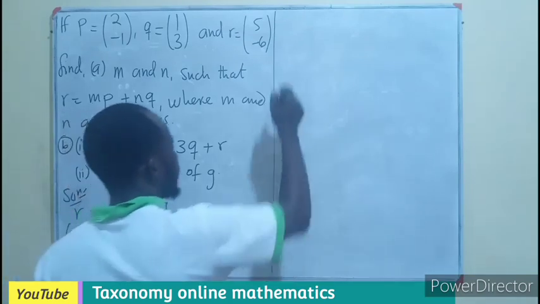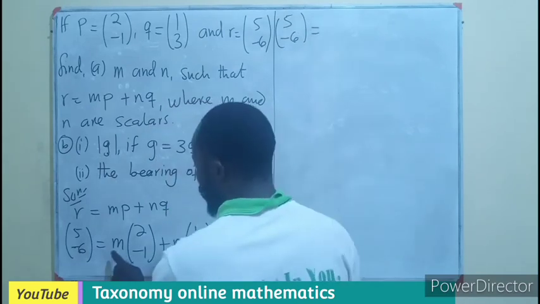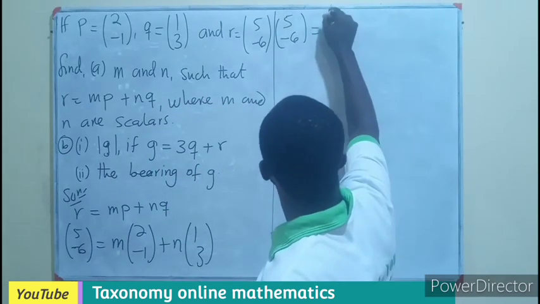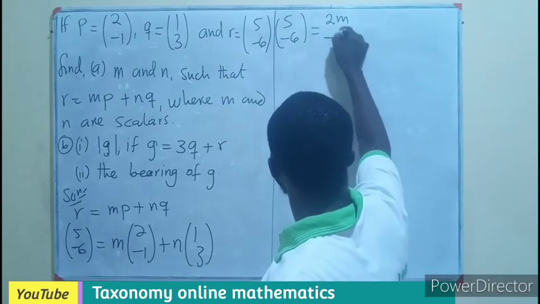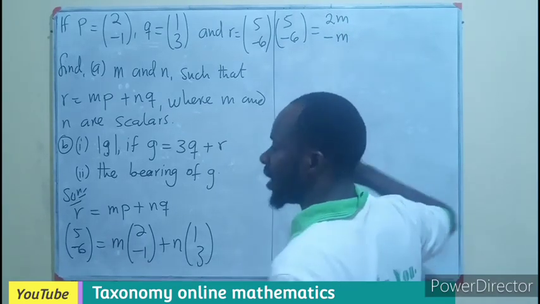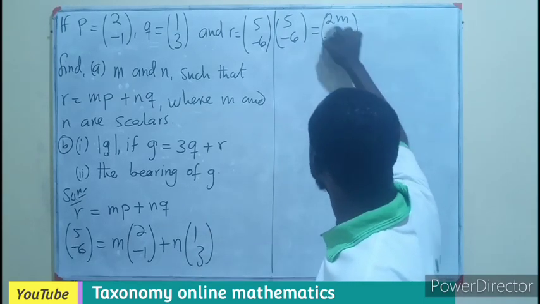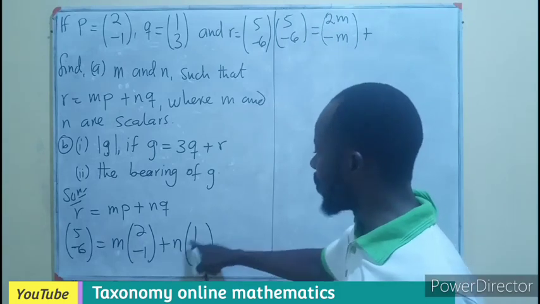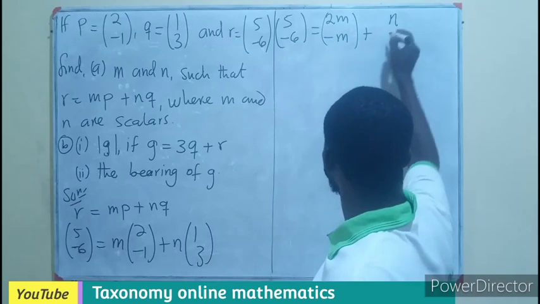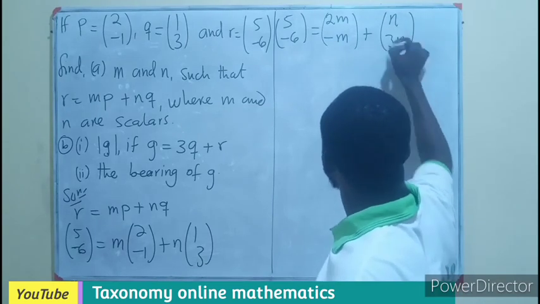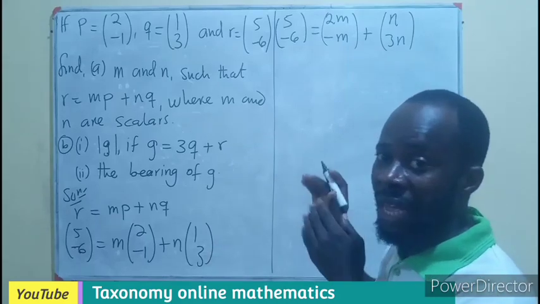So 5 negative 6 equals M times 2, which gives 2M, M times negative 1, which gives negative M, plus N times 1, which gives N, and N times 3, which gives 3N.